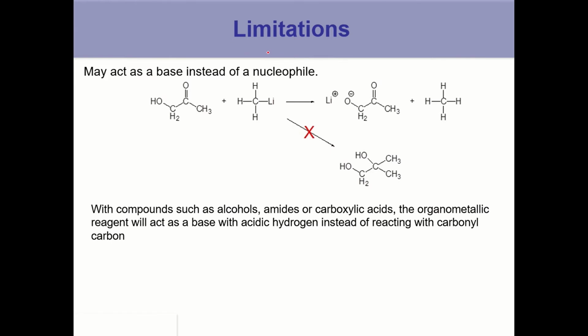Now these organolithium or organomagnesium compounds are going to have some limitations. Earlier I mentioned that they are strong bases and also very good nucleophiles. And sometimes their base activity can be much stronger than their nucleophilic activity.